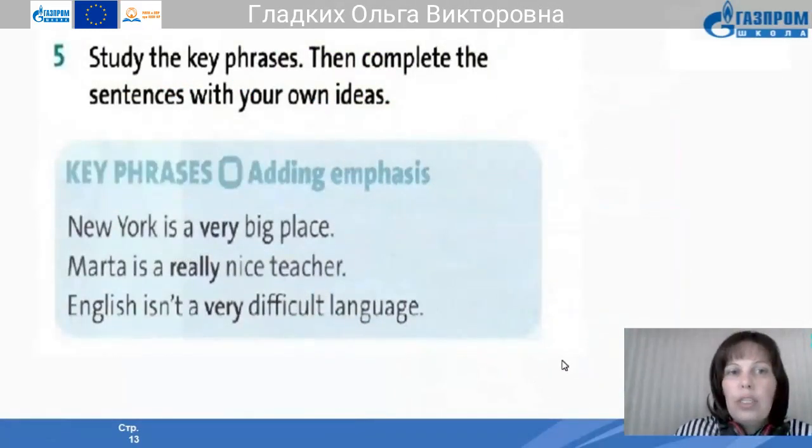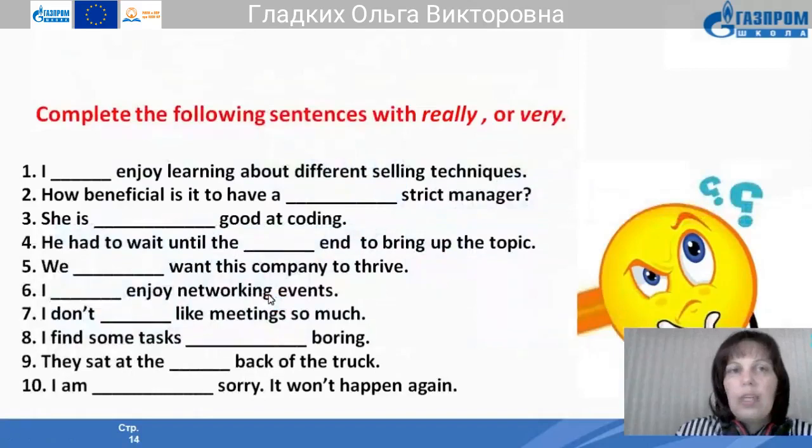And here you can see key phrases adding emphasis, such as New York is a very big place. Marta is a really nice teacher. English isn't a very difficult language. Go on.